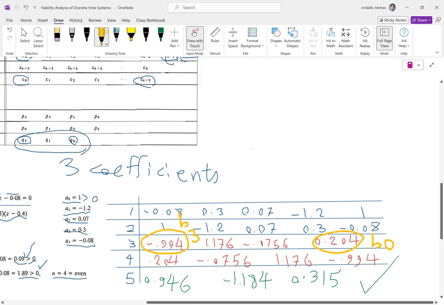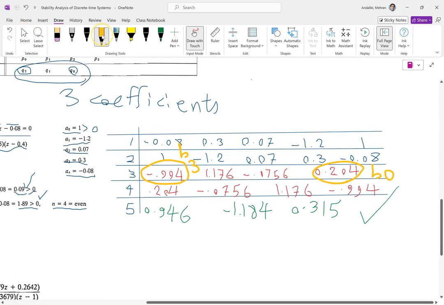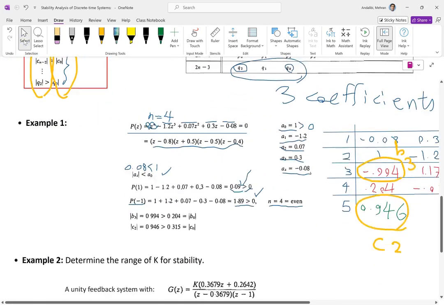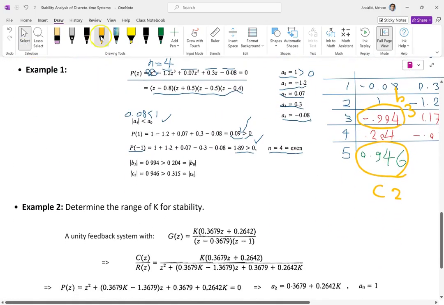So this column is good. And then if you look at the C column also, you can see that the magnitude of C2 again is bigger than the magnitude of C not in here. And so we can say that this condition is also satisfied, where you can see both of them here.